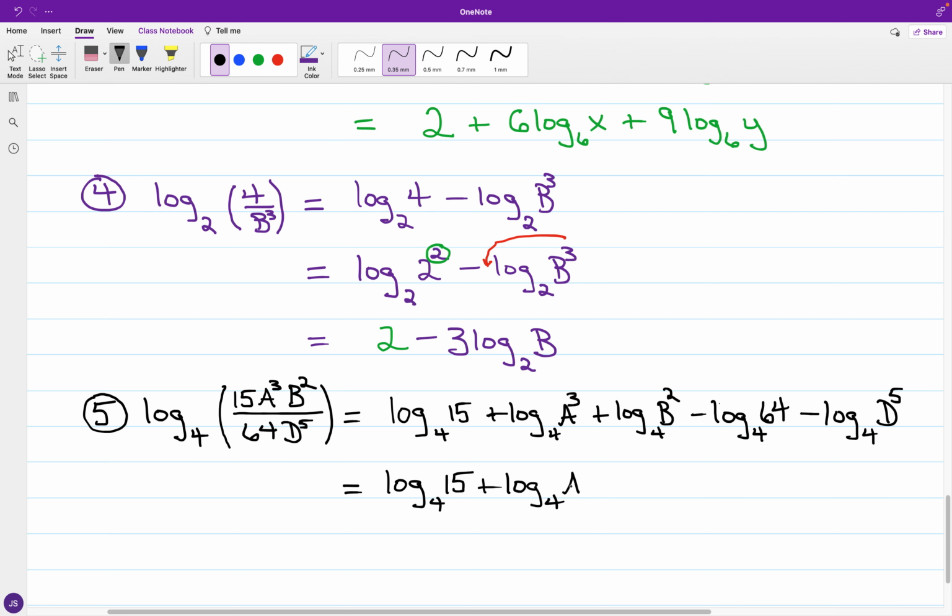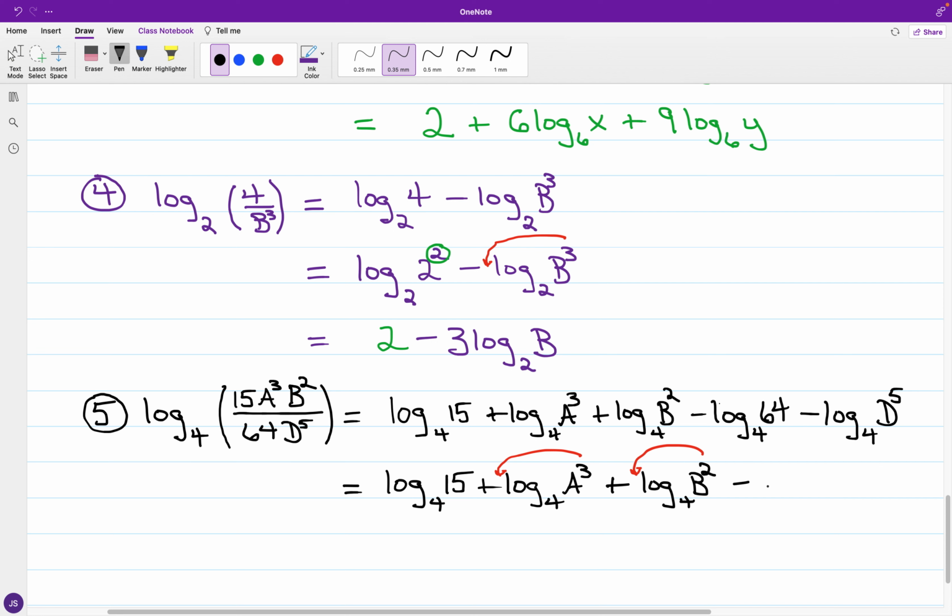For the base 4 logarithm of a cubed, again the 3 is going to become a coefficient. For the base 4 logarithm of b squared, the 2 again is going to become a coefficient.